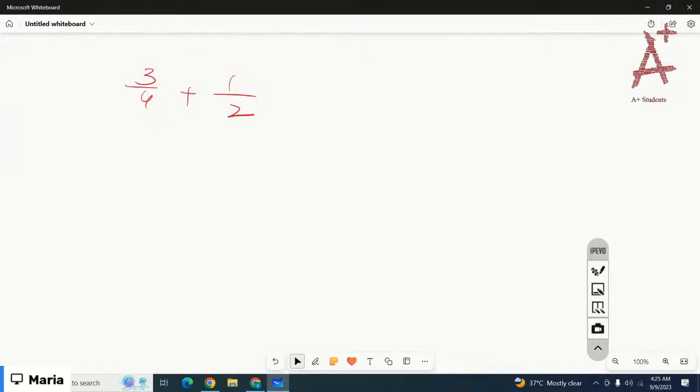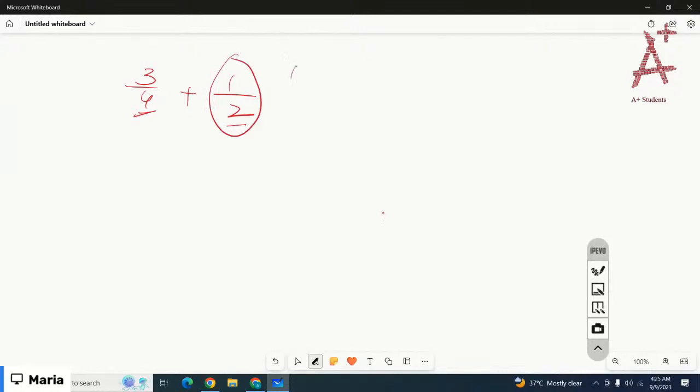First of all, you have to make their denominators the same, right? We cannot add or subtract fractions when they have different denominators. The greater denominator is 4, the smaller is 2.